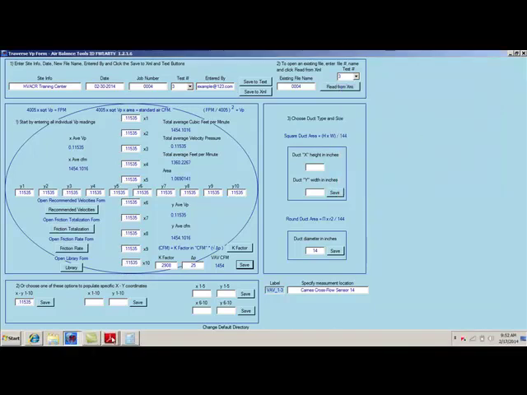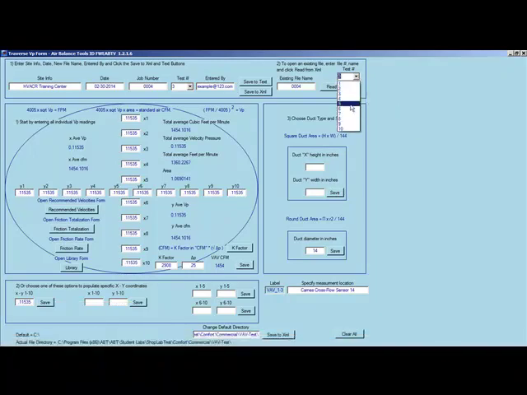So let's go ahead and take another look at a different box, and in this case we'll just jump to 8, and on 8 we're looking for an EH Price single duct powered inlet box 6-inch.